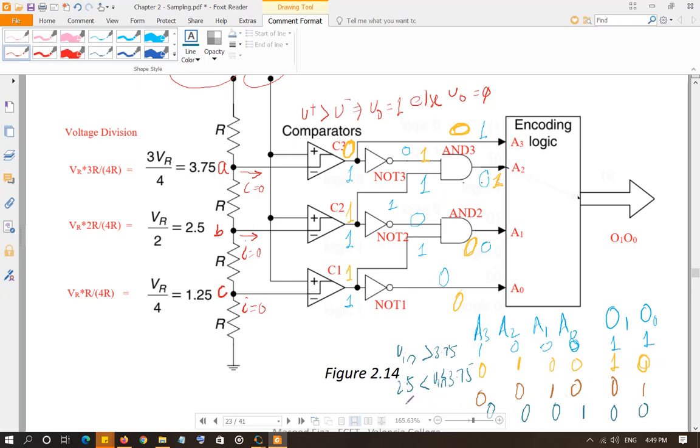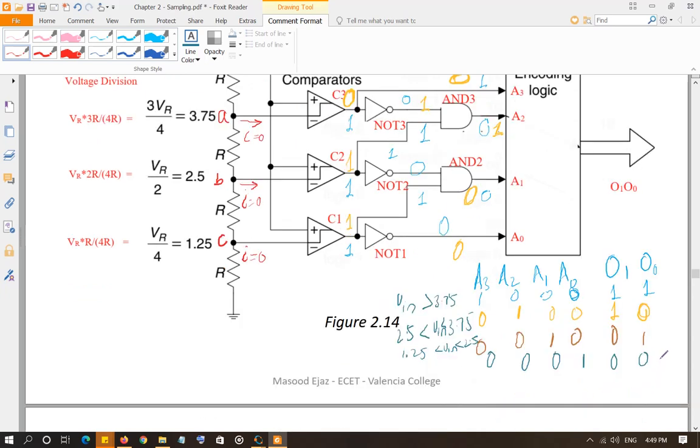For the third one, any input voltage between 1.25 and 2.5, the code that will be generated is 0 1. And then the last case is any input voltage which will be less than 1.25 volt, the code that will be generated is 0 0. So that's how the flash converter is working.